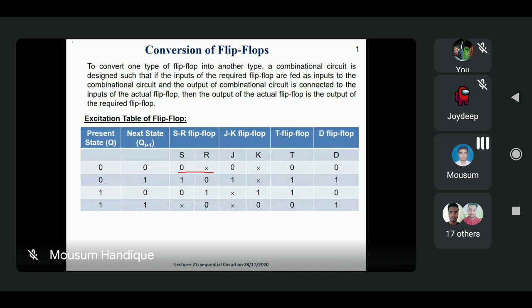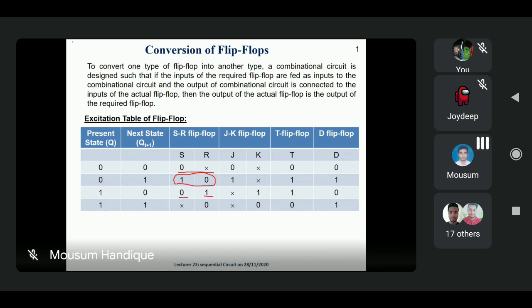When present state is 0 and next state is 1, S equal to 1 and R equal to 0. It is fixed, so here I am writing only 1 and 0. When present state is 1 and next state is 0, S equal to 0 and R equal to 1.